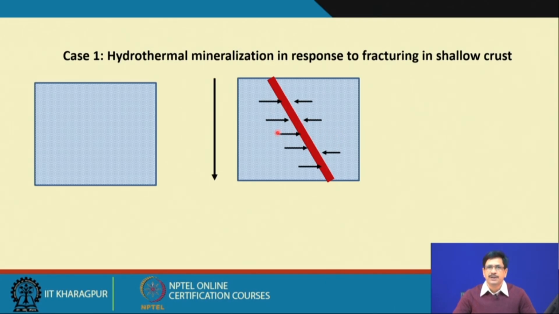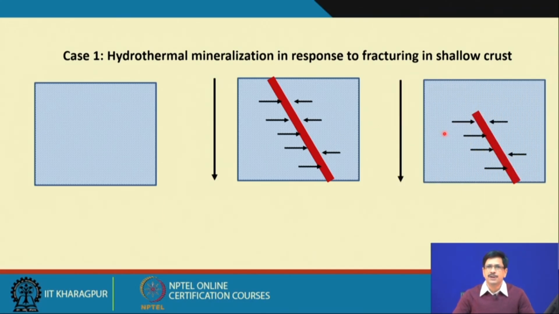So any degree of a pressure difference, which will be increasing with depth, will result in the deposition of the solutes. Here we could also have some of the important metallic species getting deposited in the form of their ore minerals.